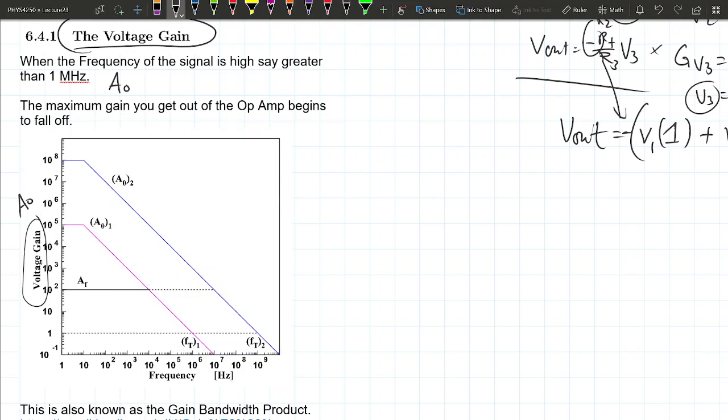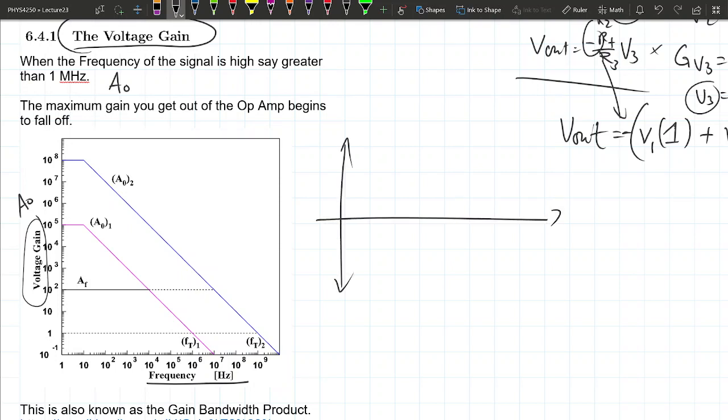So this is a little bit of detail about the internal workings of your operational amplifier. And this depends on how fast you're trying to switch the operational amplifier, as a function of its frequency.